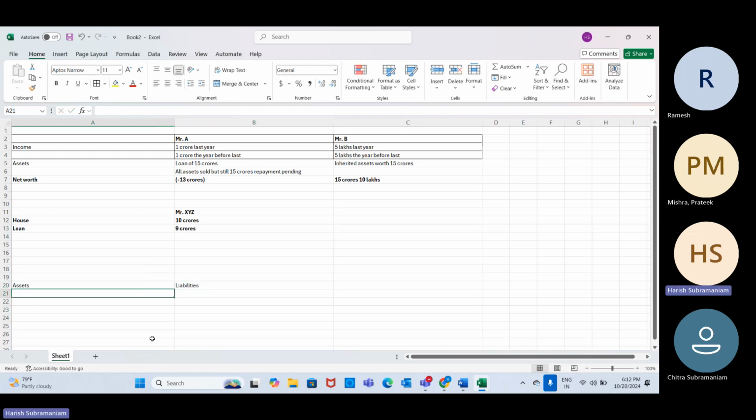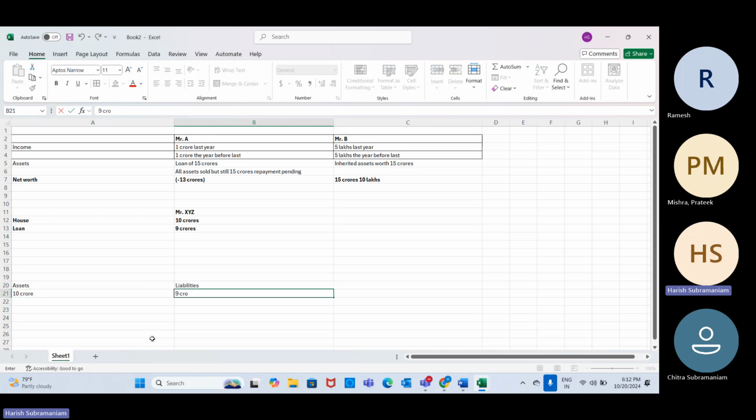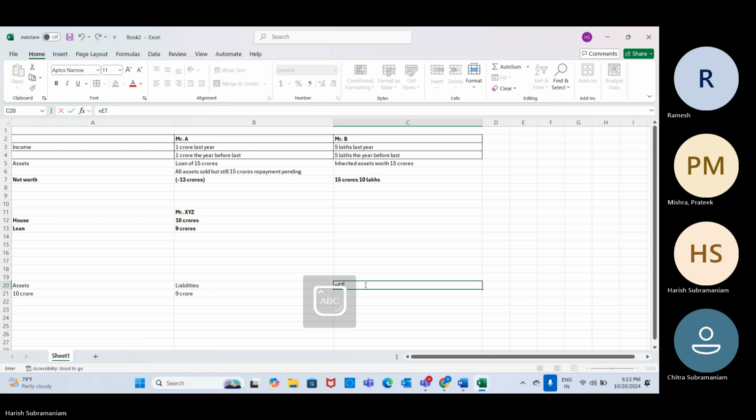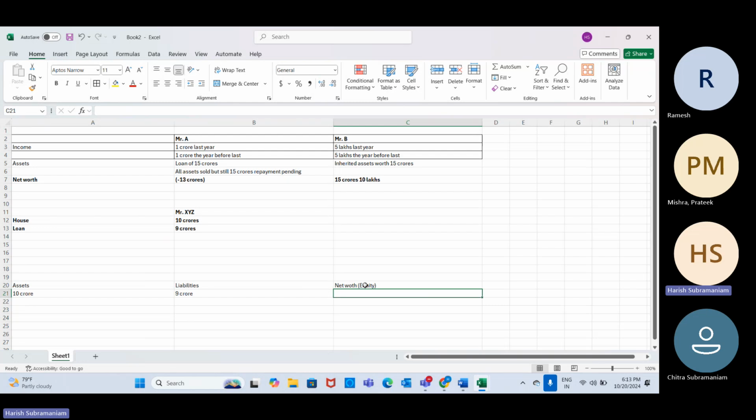So for Mr. XYZ, 10 crore is his assets, and 9 crore are the liabilities. So what is this individual's net worth? This individual's net worth is nothing but assets minus liabilities. 10 minus 9, which is 1 crore.